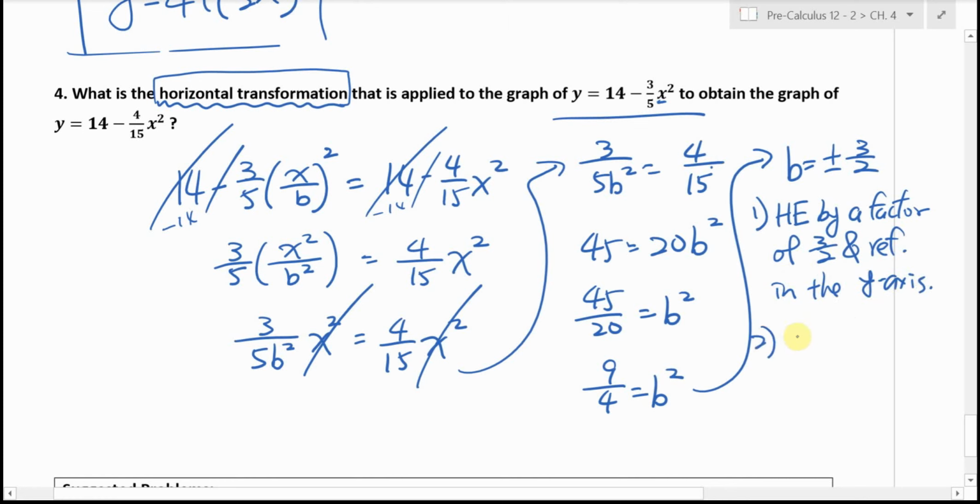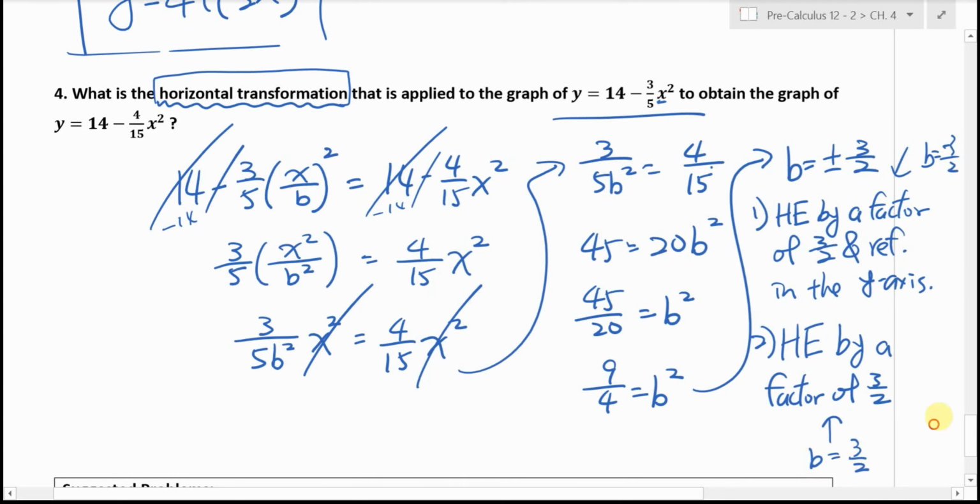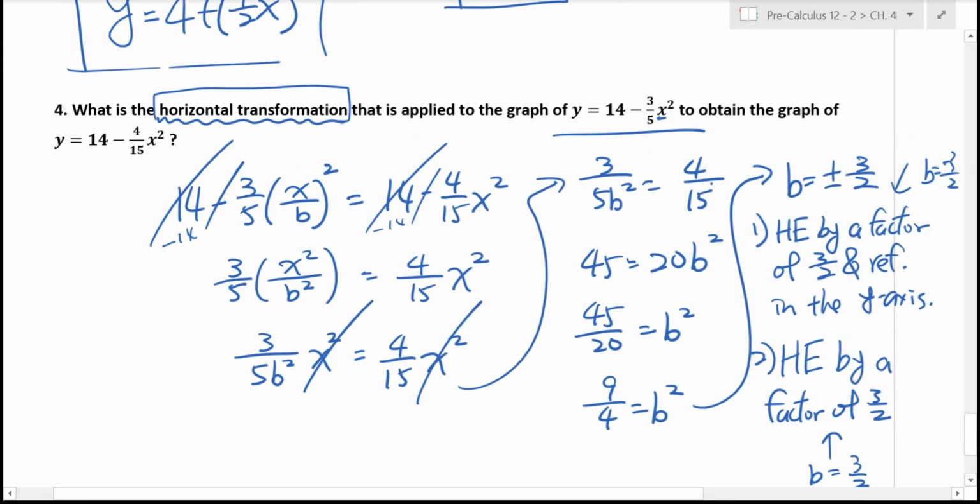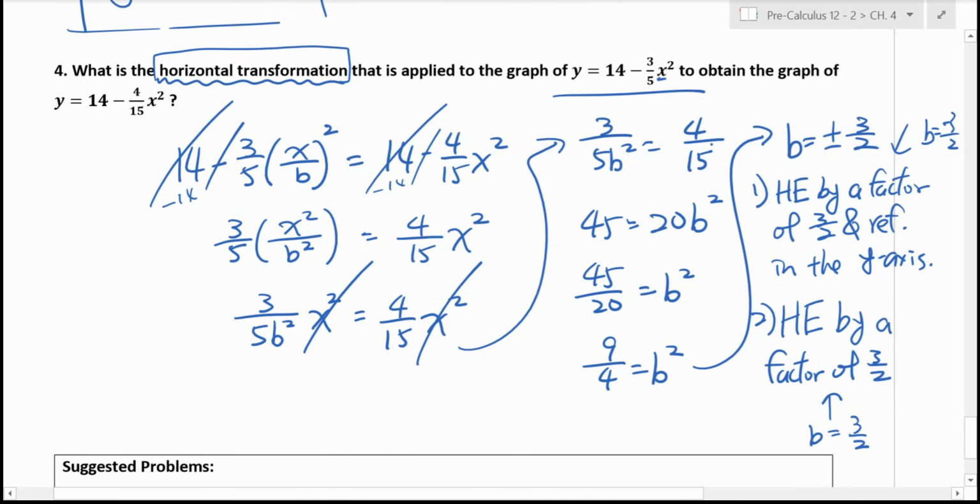The other possibility is just horizontal expansion by a factor of 3/2. So the first is the case where b is negative 3/2. And this is the case where b is just positive 3/2. So there's no reflection at all. Okay, so that's what you can do to solve this question. And this one really is actually quite challenging.